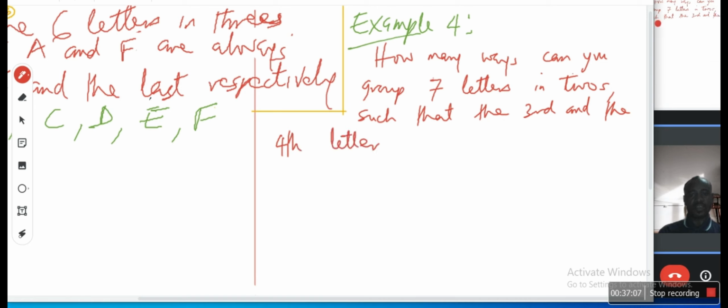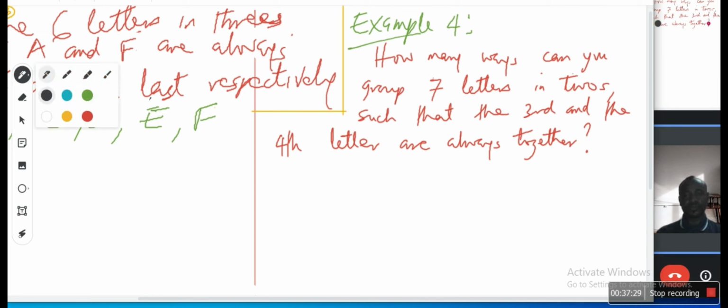It says, how many ways can you group 7 letters in twos such that the third and the fourth letter are always together? Did you see what I wrote? Yes, sir.